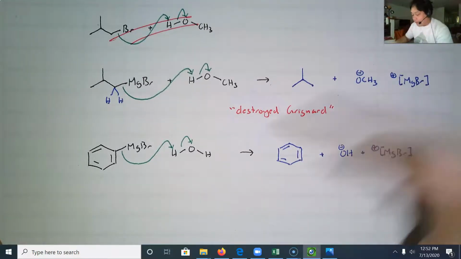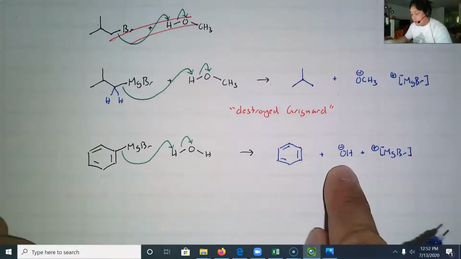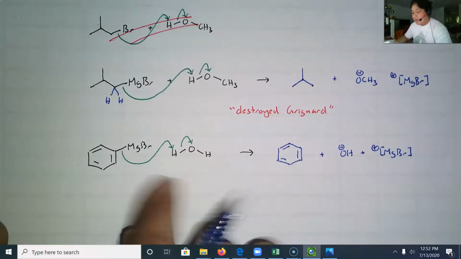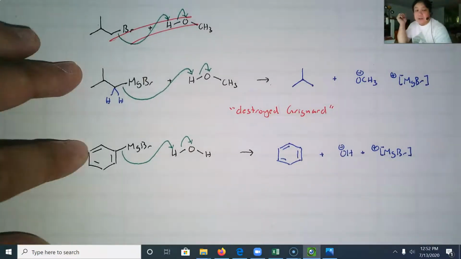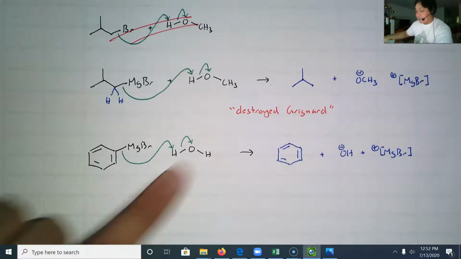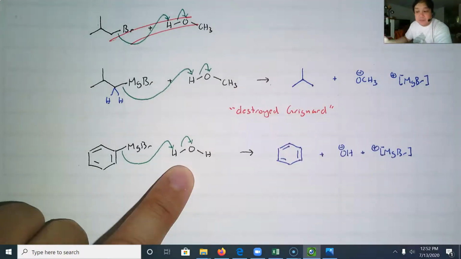MgBr. Now, if it was a lithium, you would just have OH and Li, making a salt, most likely lithium hydroxide. Anything you could do with a Grignard, you could do with an organolithium. Again, in this case, we destroyed it with residual water.